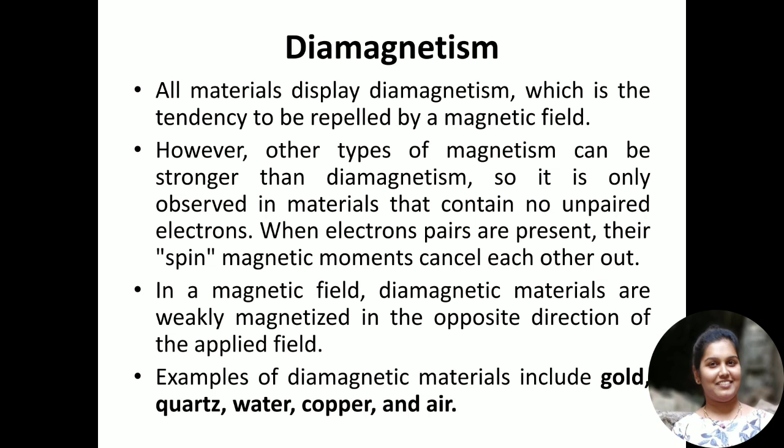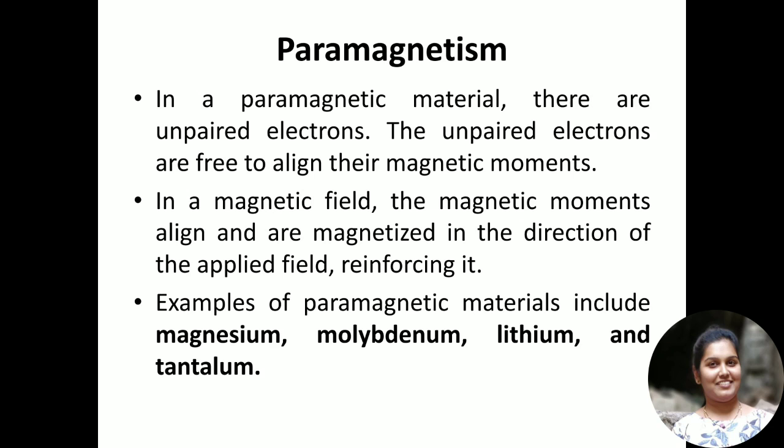So diamagnetism is observed one way or other in all kinds of materials. The commonly mentioned examples are gold, quartz, water, copper and air. And the second type of magnetism is paramagnetism. In a paramagnetic material, there are unpaired electrons.